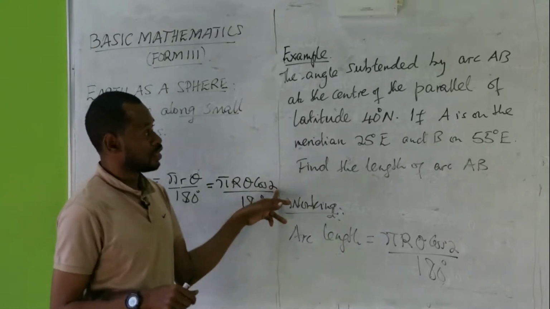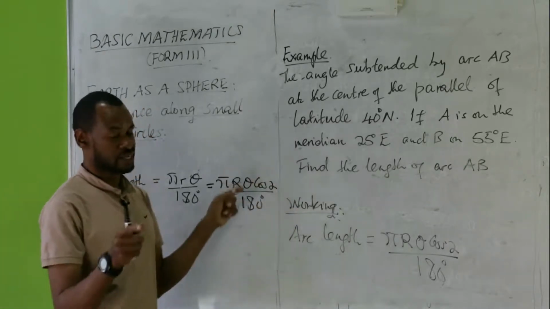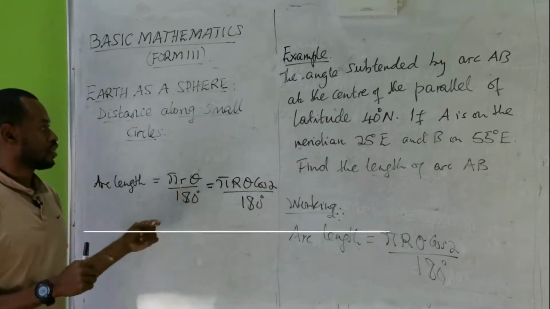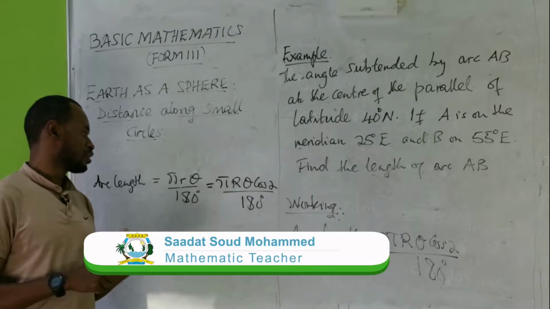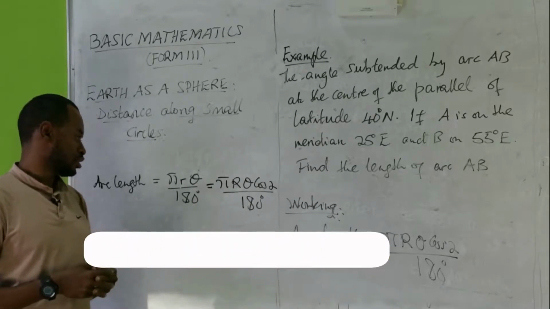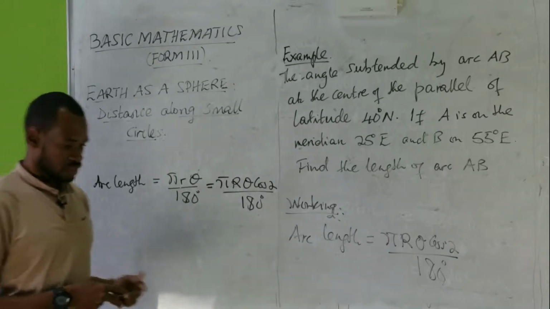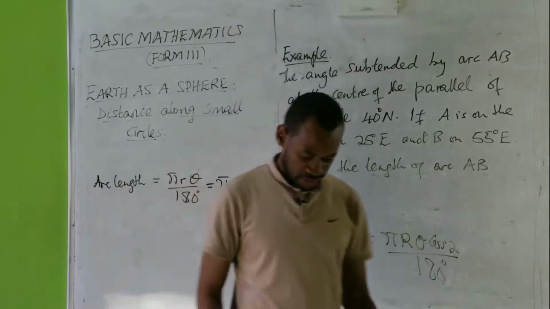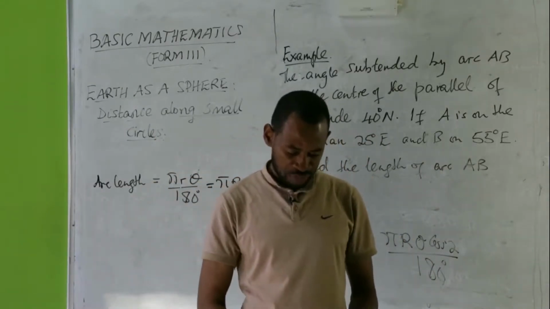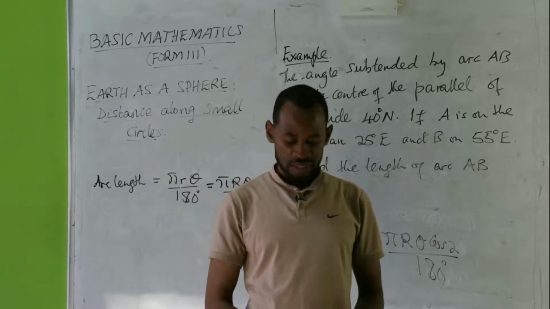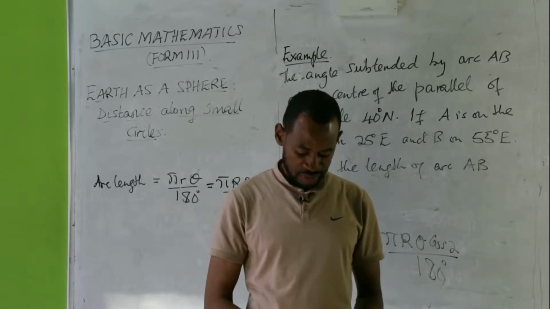Alpha is the angle subtended by an arc of the small circle at the center of the parallel of latitude. So that's the whole concept behind distance along small circles.